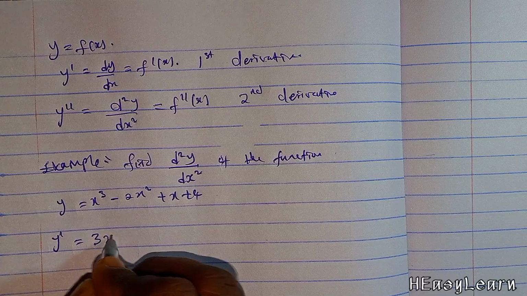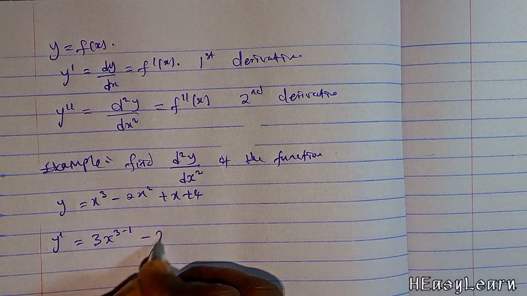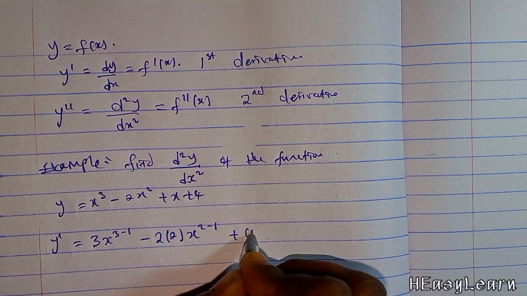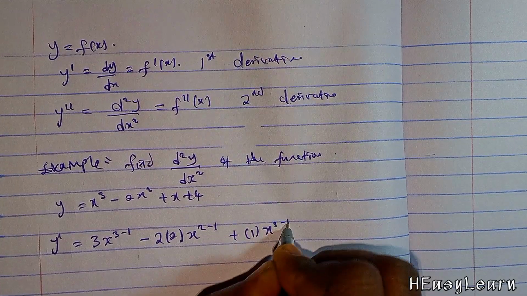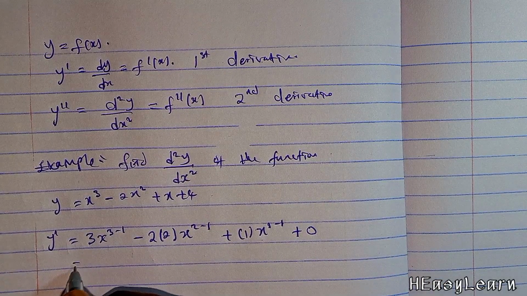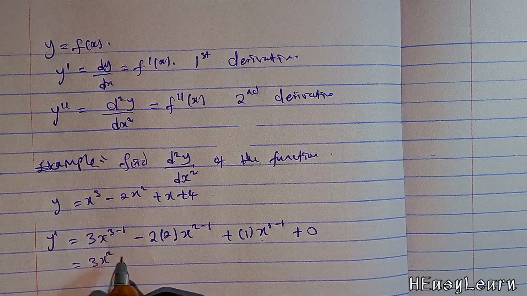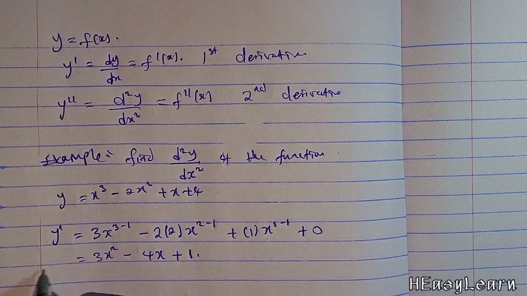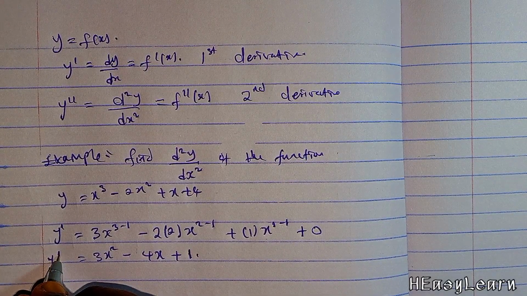Multiply by the power and reduce the power by 1, minus multiply by the power and reduce the power by 1, plus multiply by the power and reduce the power by 1, plus the derivative of a constant is 0. This is the same thing as 3x squared minus 4x plus 1. So the first derivative is this.